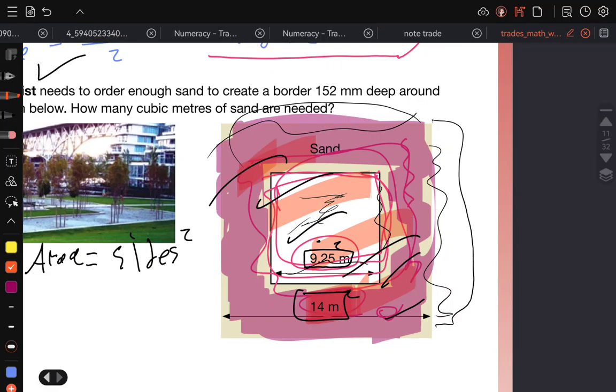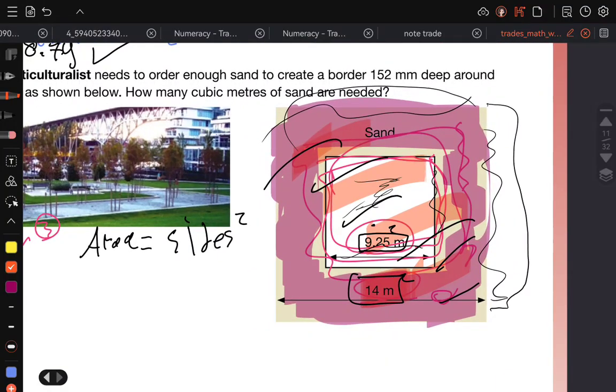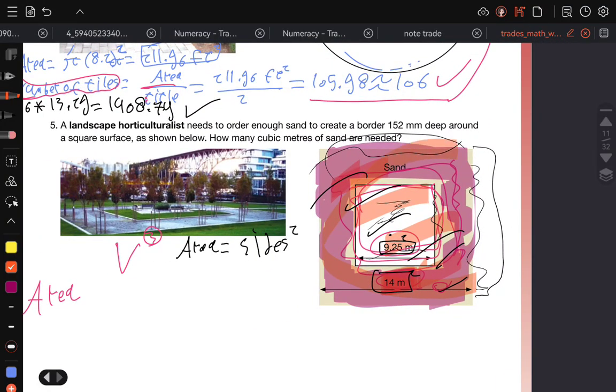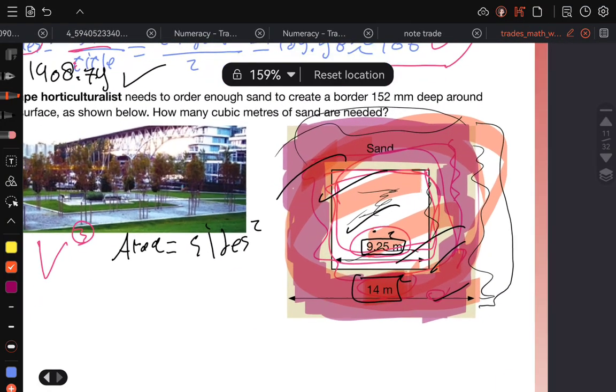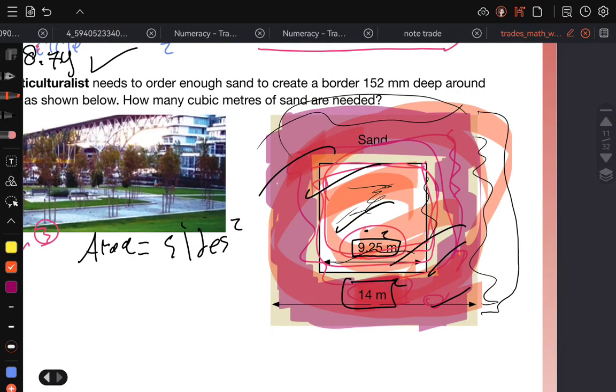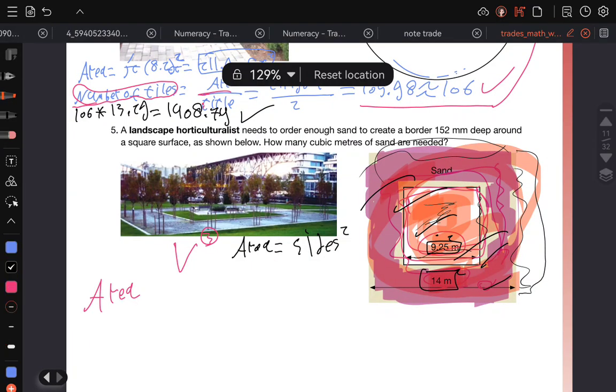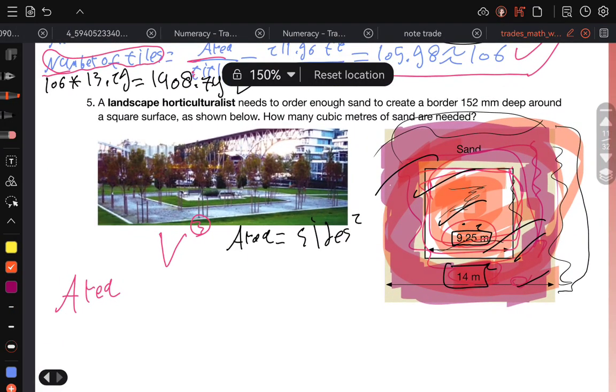So we need to use our problem solving skills. But first, let's find the whole area and the area of this square, and you will see how we can solve it by easy steps.